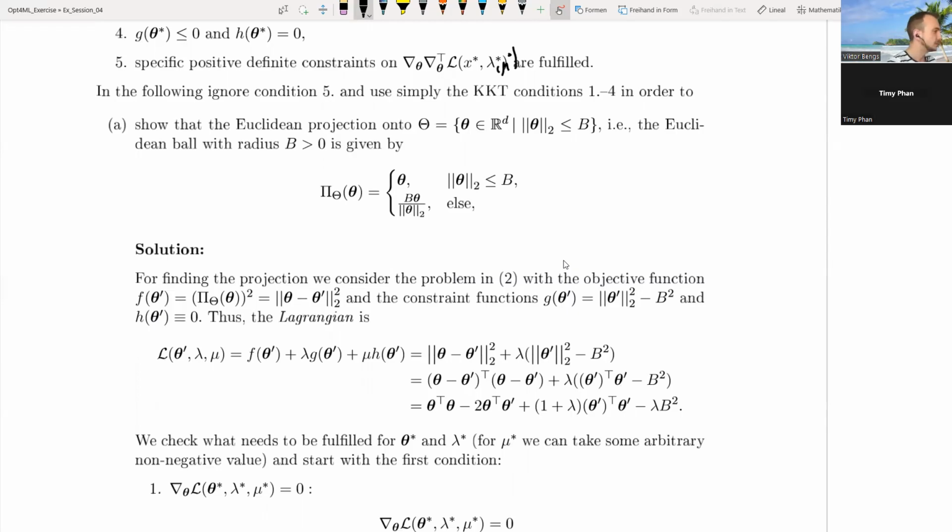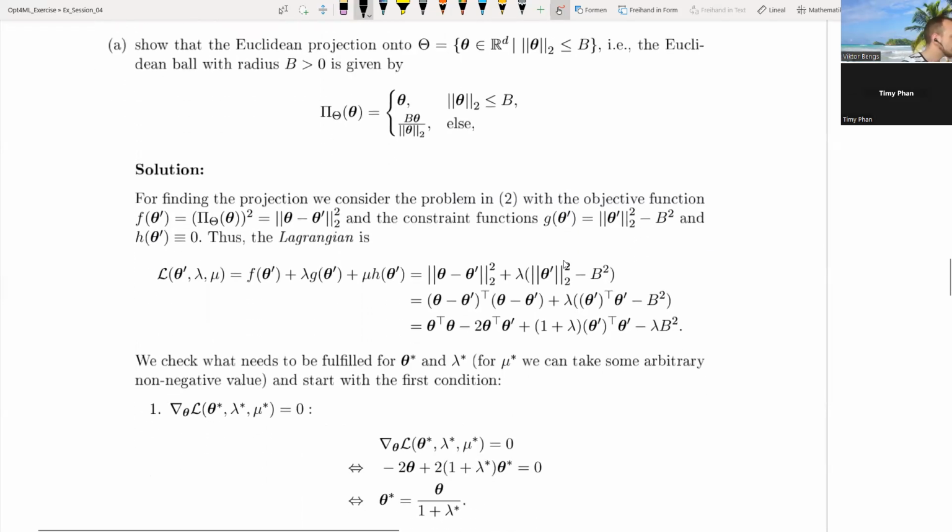Okay, what is the Lagrangian? The Lagrangian is above in this case. So we add to the function f lambda times the inequality constraint function g plus mu times the equality constraint function h. This is a 0 function, so this is 0. We plug in the definition.